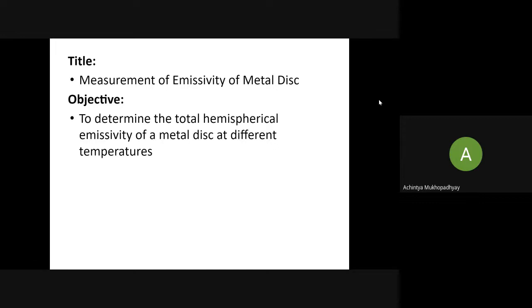For example, the glass is transparent to the wavelength of the radiation coming from the sun, because that primarily depends on the temperature.